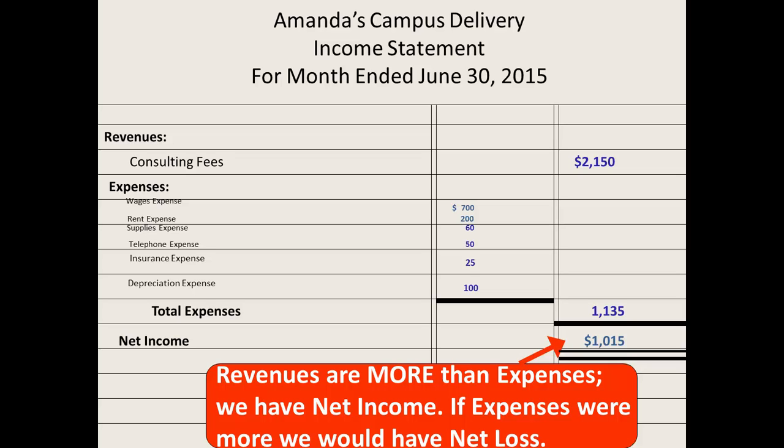And so I'm going to call that net income, and I'm going to put that label over to the left. Now, if my total expenses were more than my revenues, I would have gotten a negative number, and I would have put the words net loss.